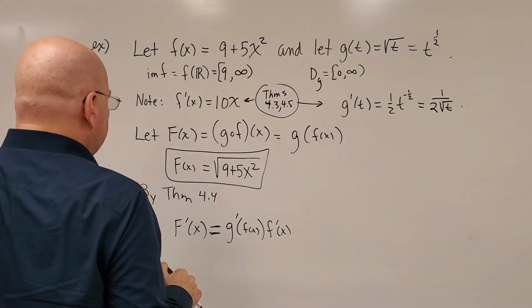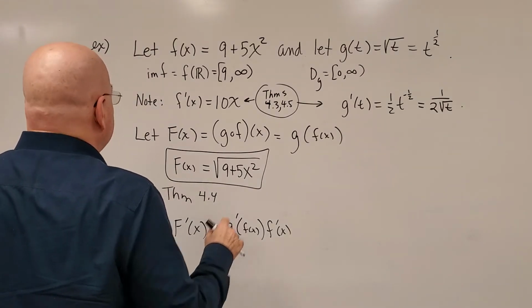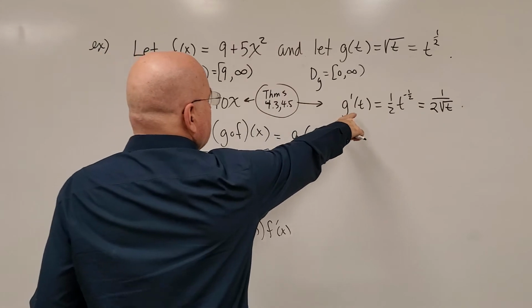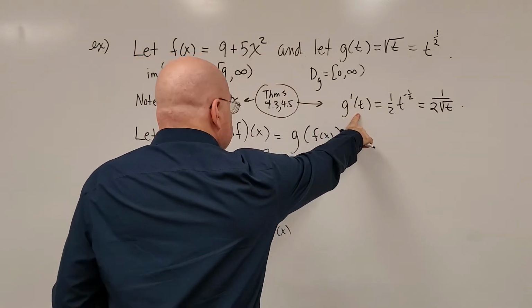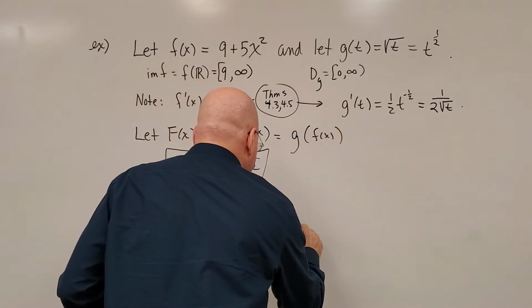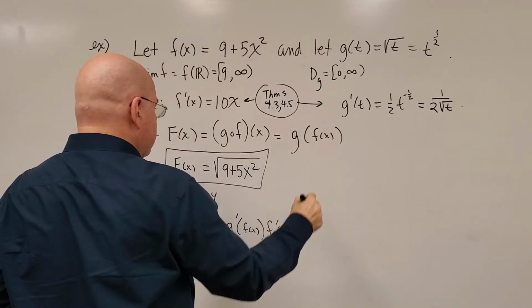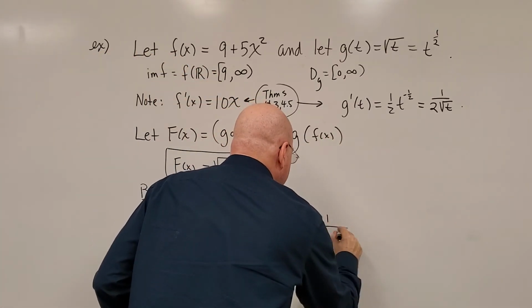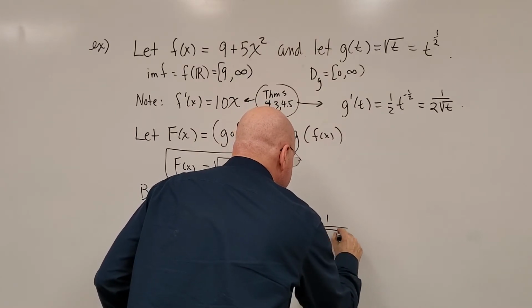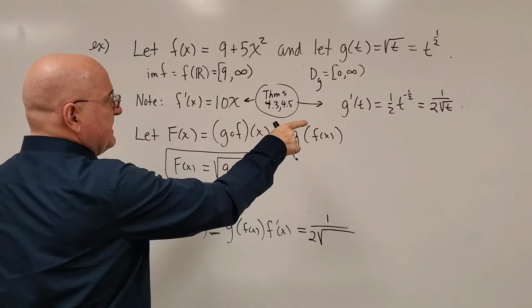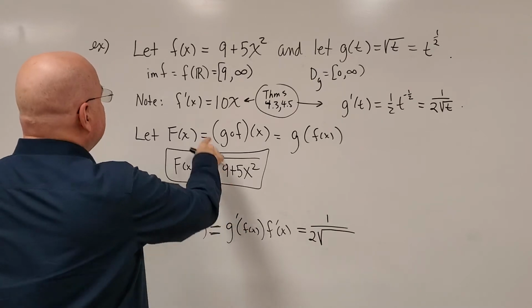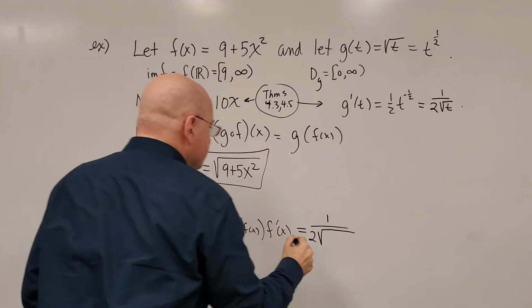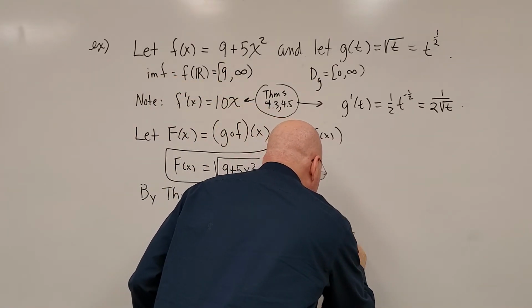All right, so we've already computed what g prime of t is. Instead of t, I'm going to have f of x underneath it. So it's going to be 1 over 2 times the square root of, instead of t, f of x, which is 9 plus 5x squared.